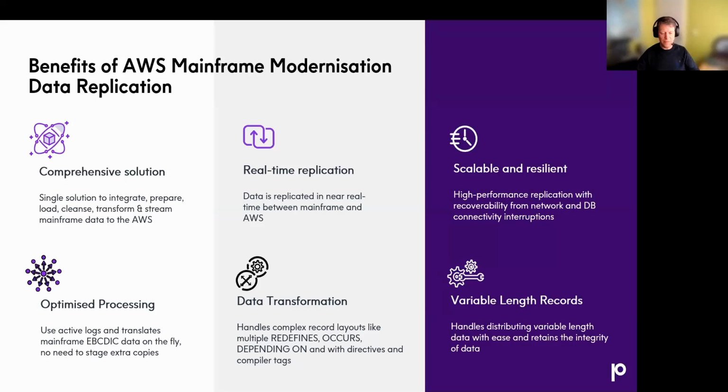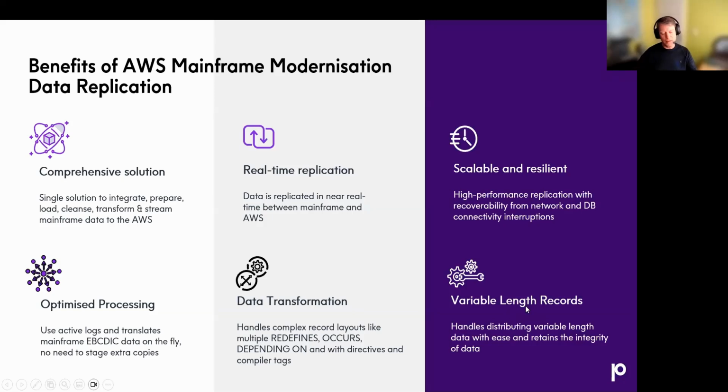So you have the same record length, but somewhere inside, part of that structure has changed, and it is now becoming different fields with different data types. Those redefines are very common. They happen, and they can cause a lot of problems. So your replication product should be able to cope with that as well. And Precisely Connect is very much capable of that.